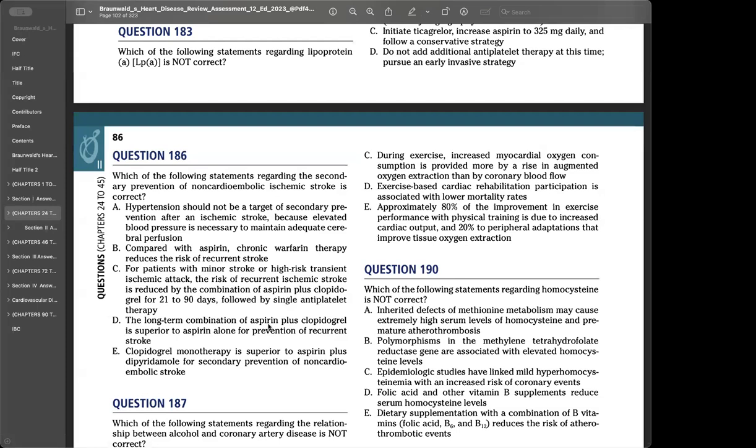That is false, because the PROFESS trial found no significant difference between clopidogrel monotherapy and aspirin plus dipyridamole.